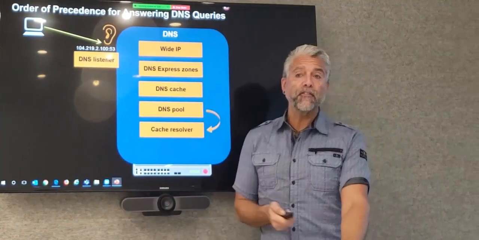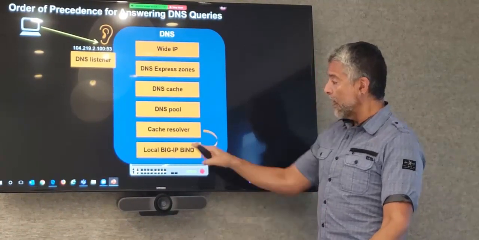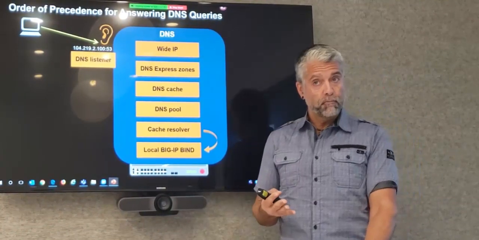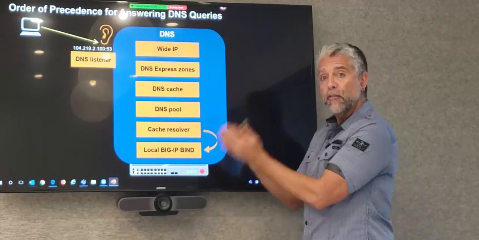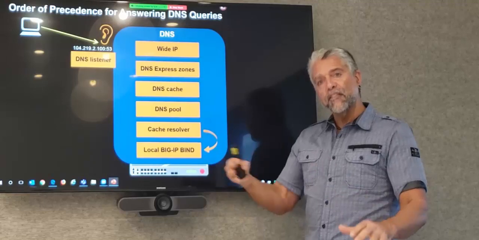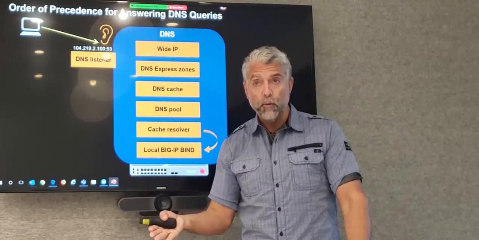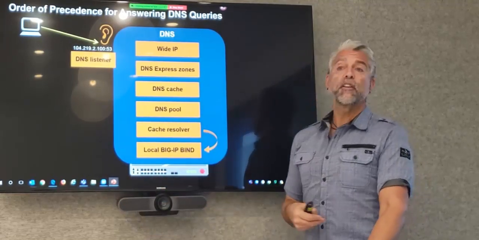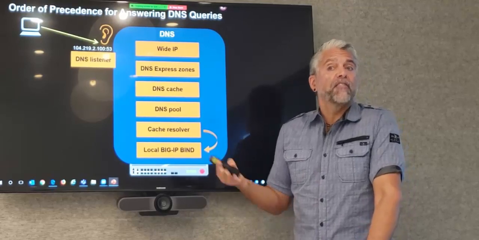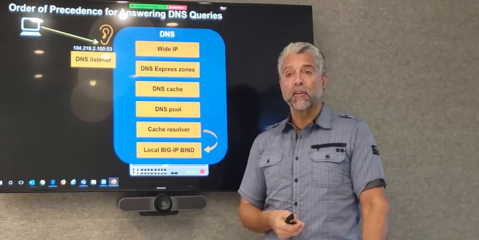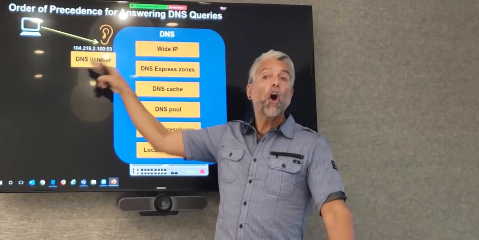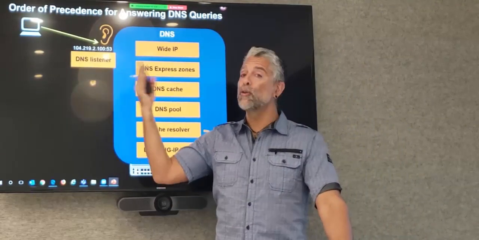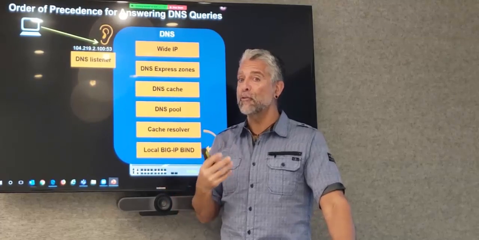And then finally, if there's no matching request there, the last thing we can have configured, if we choose to, is the BIG-IP's own configured DNS setting, its own DNS server that it's configured to use. We could use that DNS server as a final option. For every listener, all of these are either going to be enabled or disabled features. We get to choose.